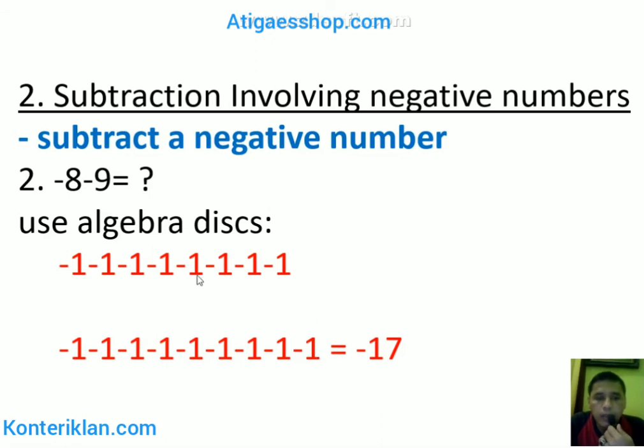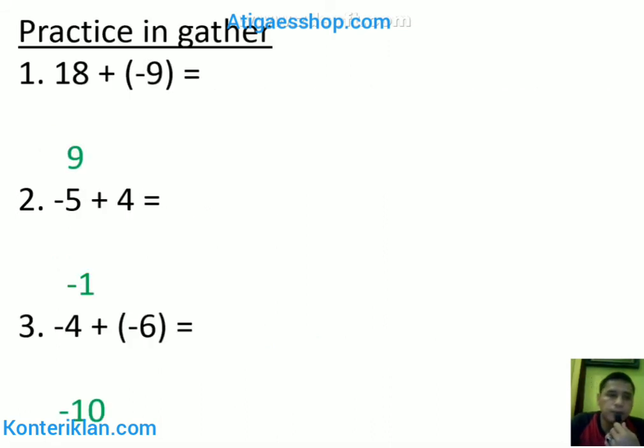Then you can count the whole of the negative 1s. How many do you see? 1 to 17. So negative 8 subtract 9 equals negative 17.